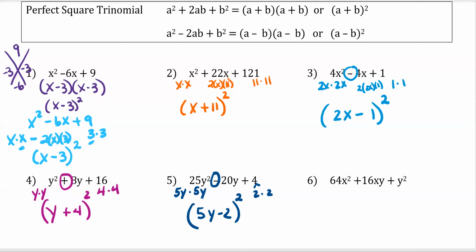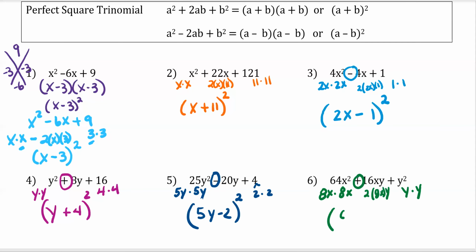Number 6, 8x times 8x, y times y. The middle is 2 times 8x times y. We know this is 2 times 8x times y. This is a positive.